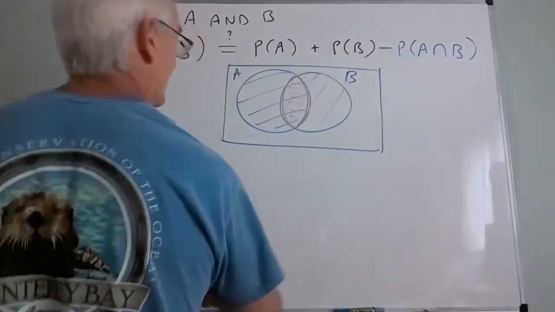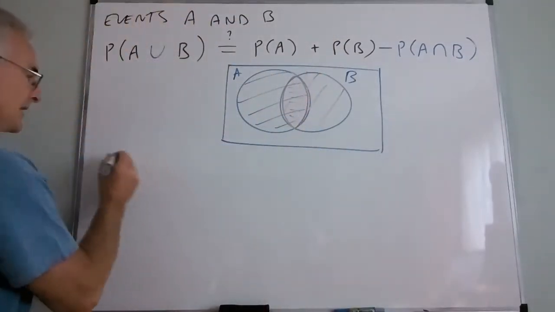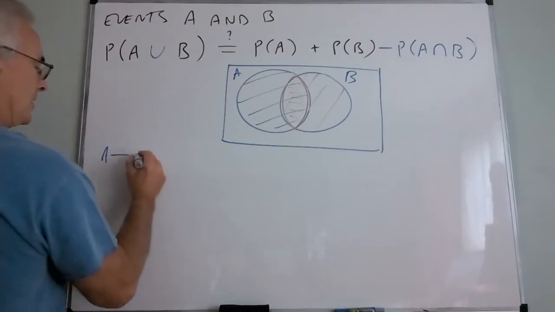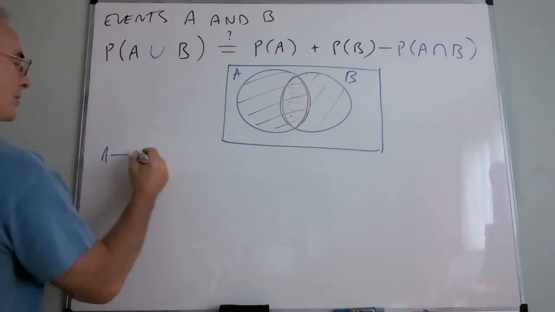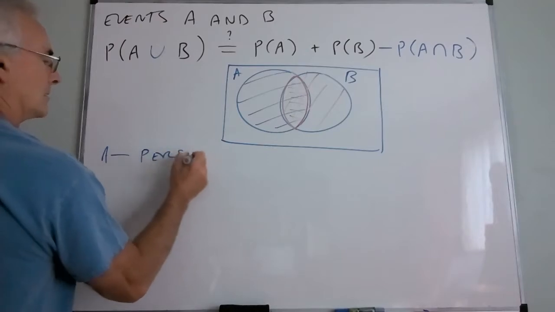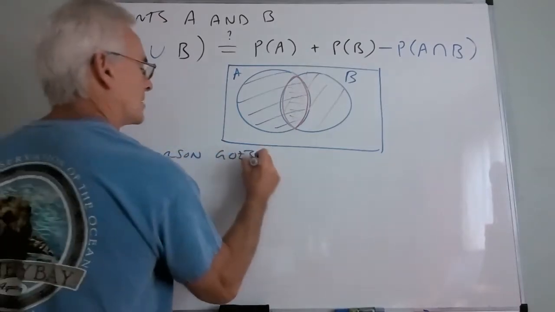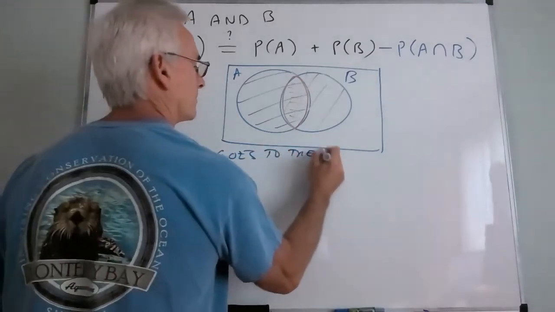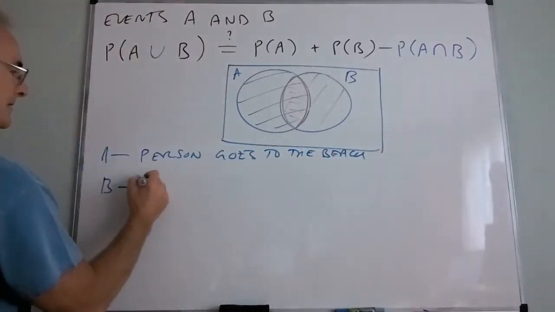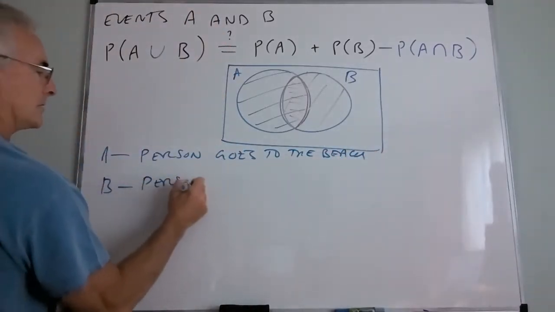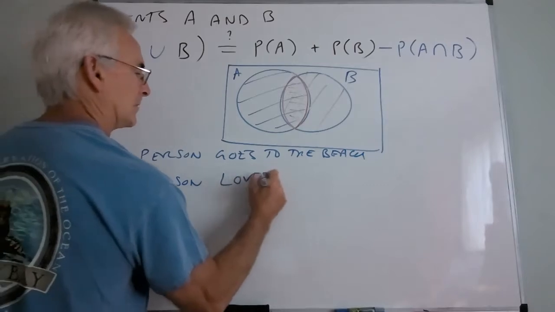I went out recently and conducted a poll of San Diegans, and let's say event A is that a person goes to the beach. Let's say B is that the person loves hockey.